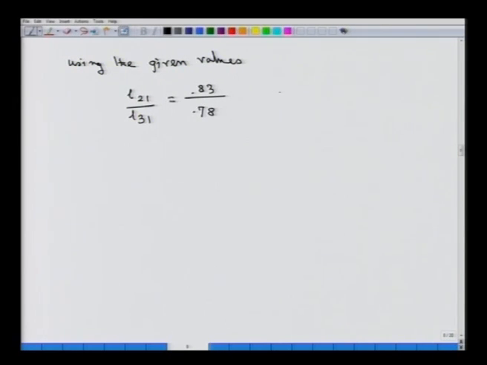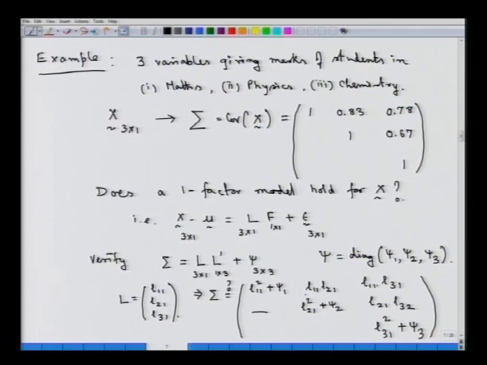What we had first used was L11 L21 equal to 0.83, divided by L11 L31, which is 0.78.